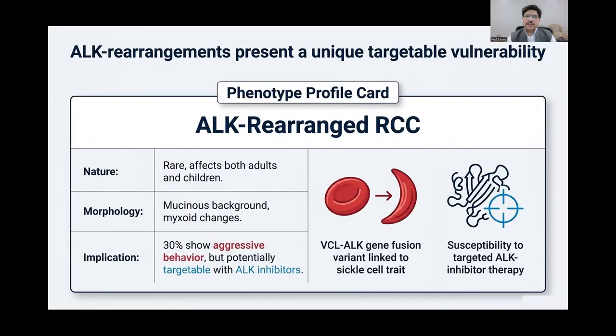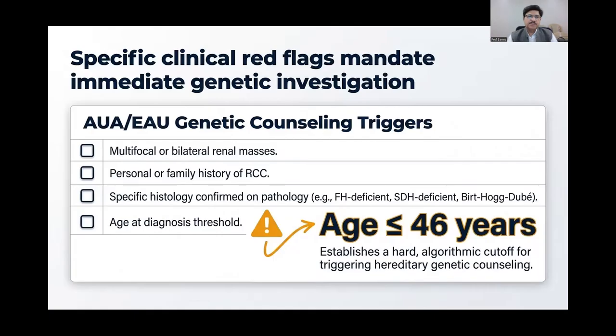In sickle cell disease there is also an ALK rearrangement. This ALK rearrangement along with the VCL gene fusion produces susceptibility to targeted ALK inhibitor therapy. That means patients with sickle cell trait would be candidates for ALK type of RCC, and this is amenable to treatment with ALK inhibitors.